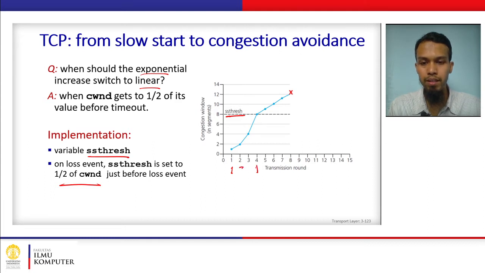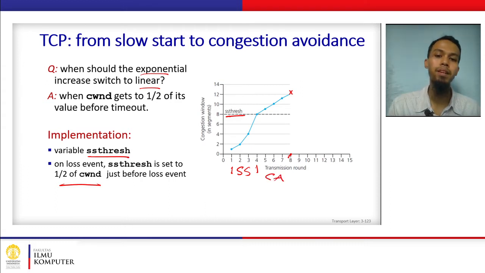So we are in the slow start state, and then from 4 to 8, we are in the congestion avoidance state. And then when the congestion window equals 12, or when we send 12 segments, the sender experiences packet loss.